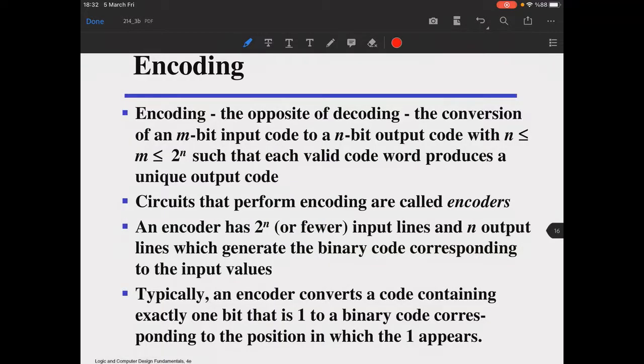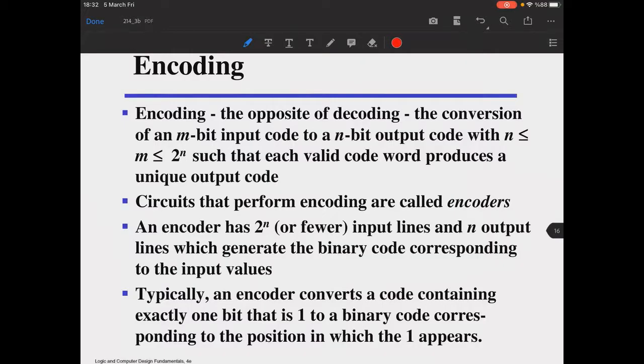Now, what is encoding? Encoding is just the opposite of decoding, where we're trying to convert an n-bit input code to an m-bit output code, where the number of your inputs this time is much higher than the number of your outputs. You're trying to encode that incoming string of information.